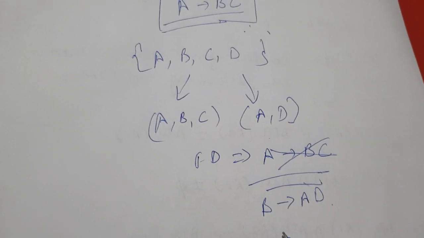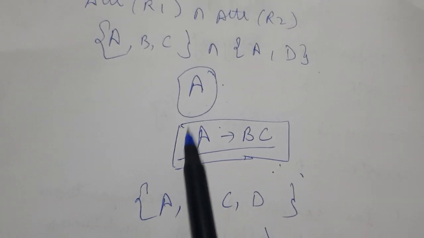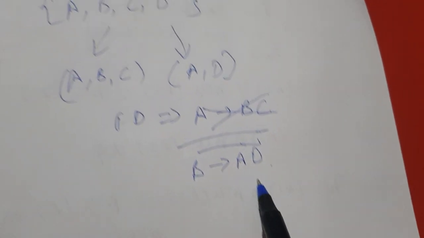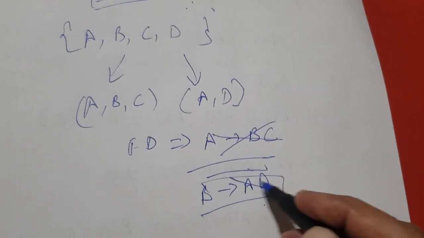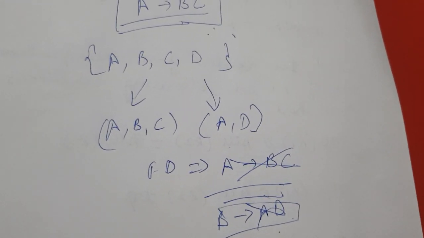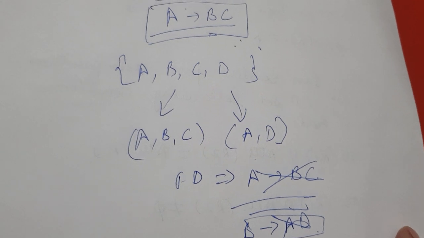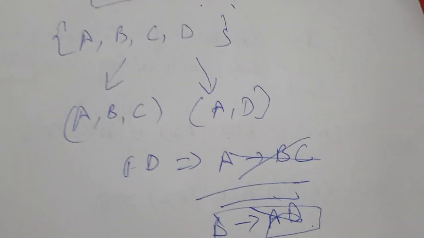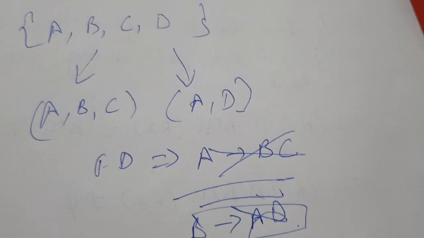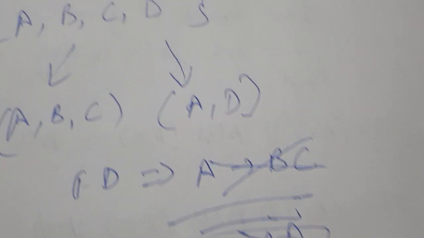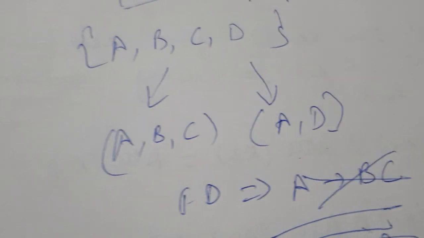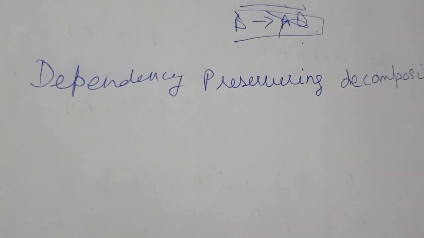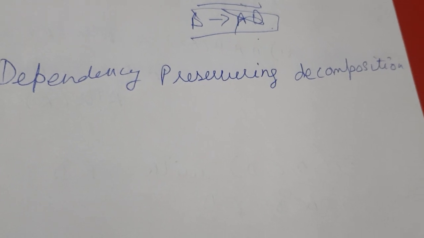The intersection gave us the common attribute A, but the functional dependency is this one, so that is a lossy decomposition. So these three conditions must be checked when we want to find a lossless decomposition. Fine. The next important thing is we have to check for dependency preserving decomposition.